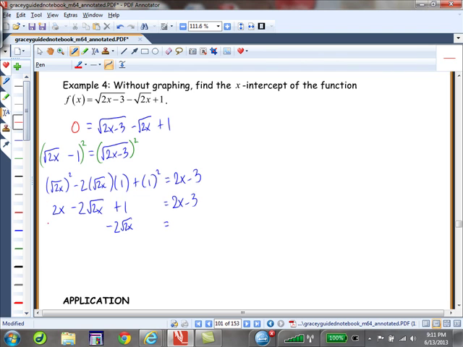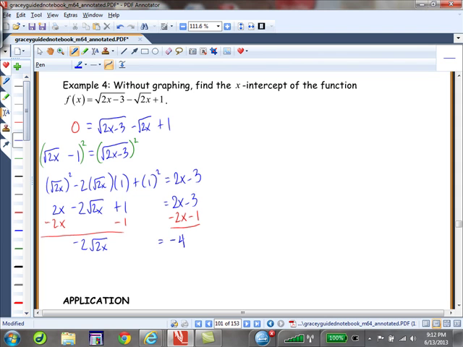So do you see that if I subtract 2x, let me get this all on the same line. I'm going to show you the work on this. I think it'll be illuminating. So if I subtract 2x and I subtract 1, on the next line I will get negative 2 times the square root of 2x is equal to, do you see how that's 0 x's?